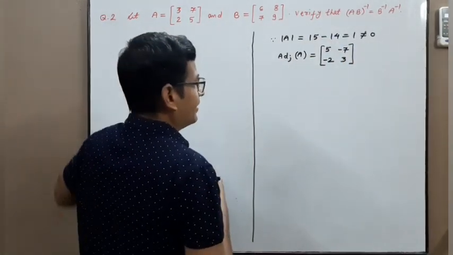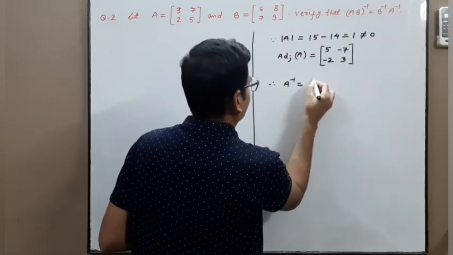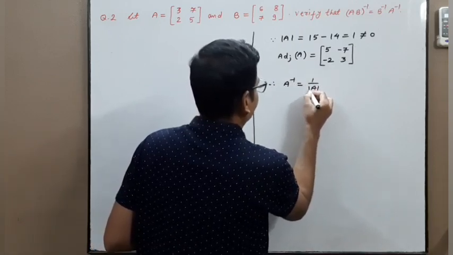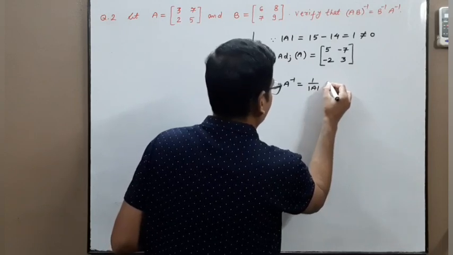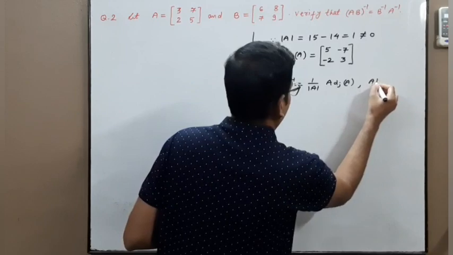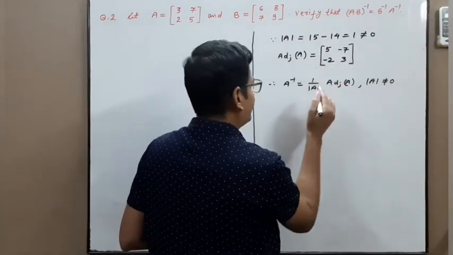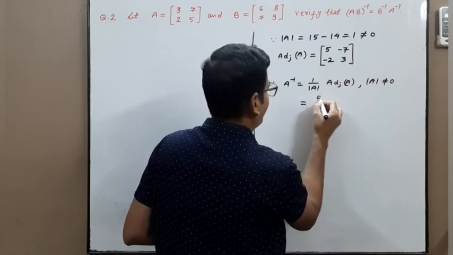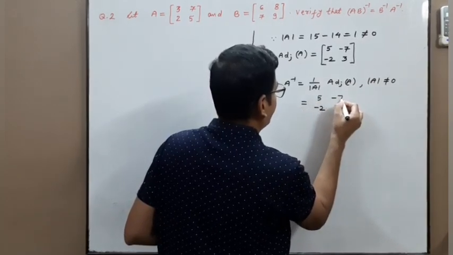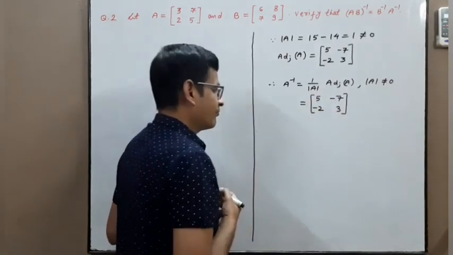So this is adjoint A. Therefore A inverse is equal to 1 upon determinant A into adjoint A, where determinant A is not equal to 0. Now determinant A is 1, so write adjoint A as it is. So 5 minus 2 minus 7 3. So this is A inverse.